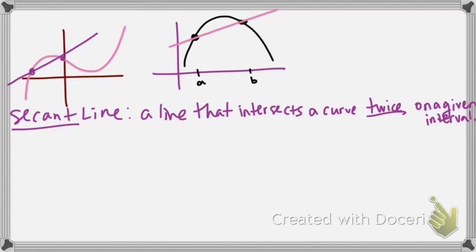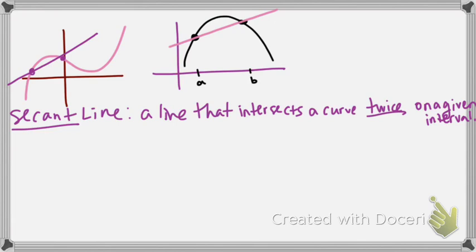I can already see that the slope is positive because the line is going up, but what is the slope? What's the number? Hopefully you remember back from Algebra 1 that we have a slope formula: y2 minus y1 over x2 minus x1.